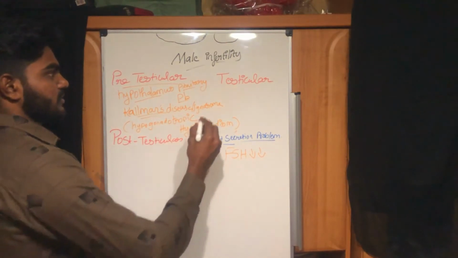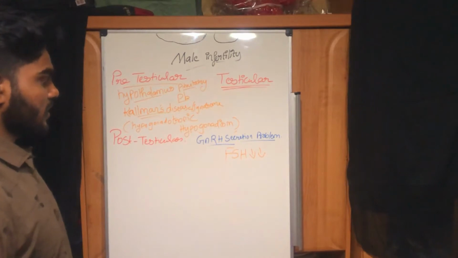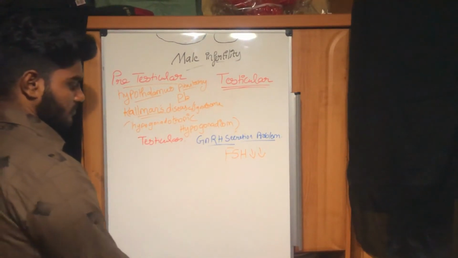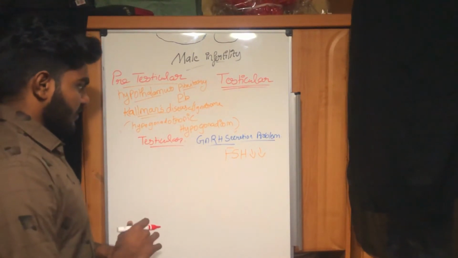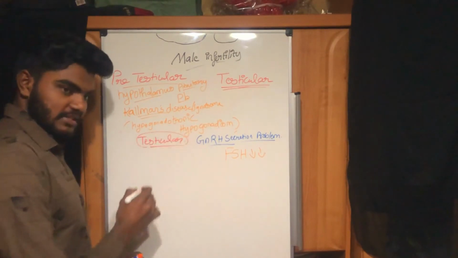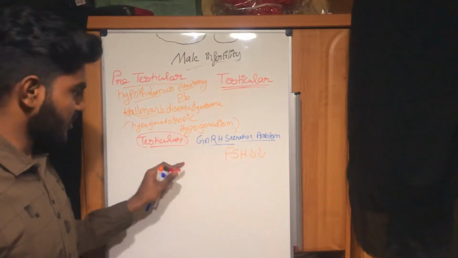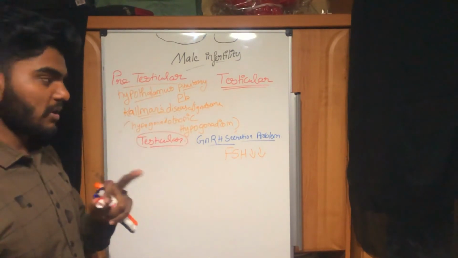Now we are going to discuss the next thing, that is testicular. See, testicular, I am writing here. What happened means the problem is in the testis, but there is no sperm production here also. Here also no sperm production, and in the pre-testicular also no sperm production.